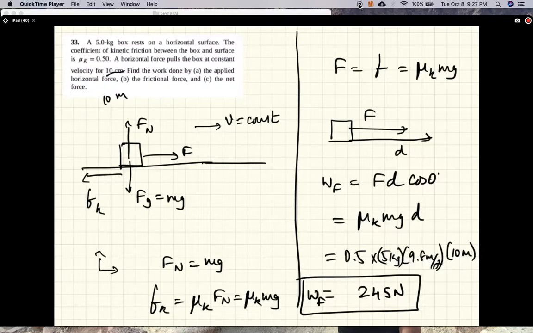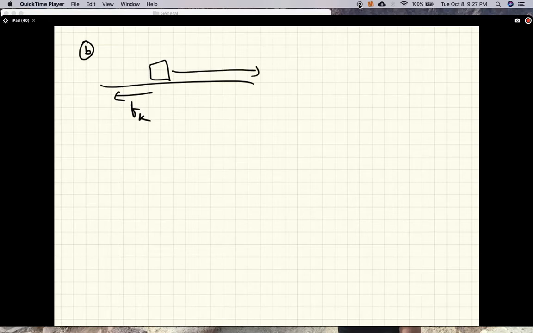The work done by frictional force, okay, let's add a page. So on that box there's the frictional force, and there's the displacement equal to 10 meters. So work done by friction is Fk d, and the angle between the force and the displacement is 180 degrees.